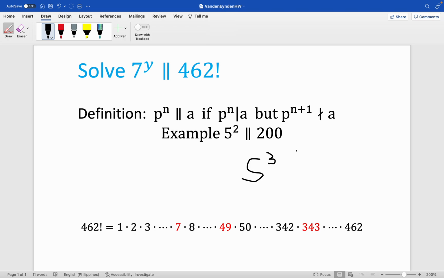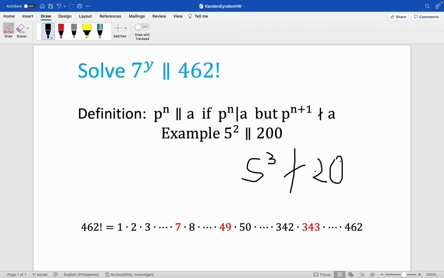See, 5 cubed is 125, right? So that does not divide 200 nicely or evenly. Okay, so that's exactly what we mean by the double vertical bars.